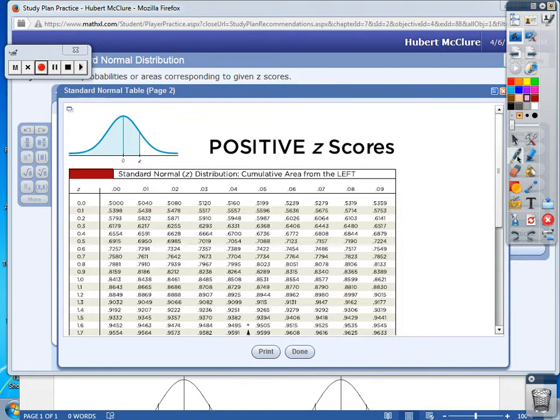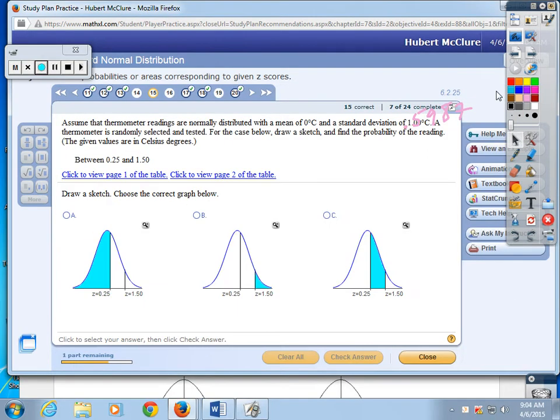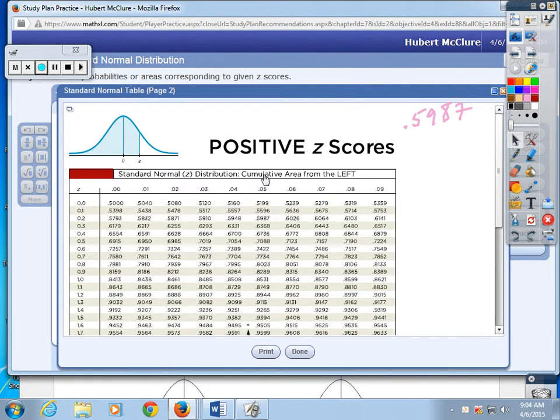So let's write that down, and that's the smaller of the two. The other one is 1.5, and 1.50 is 0.9332.